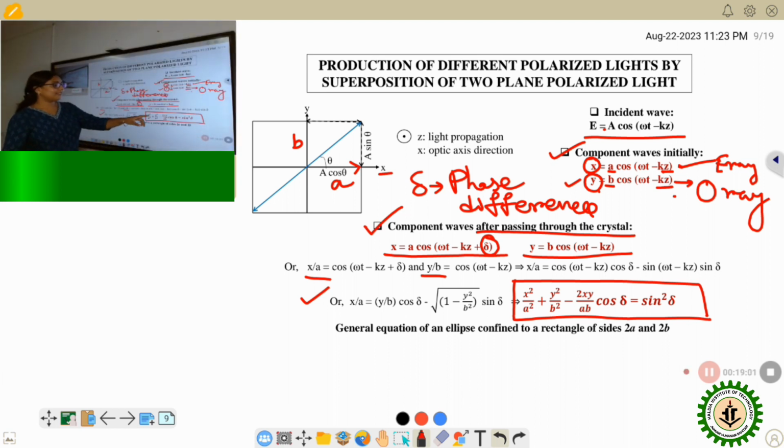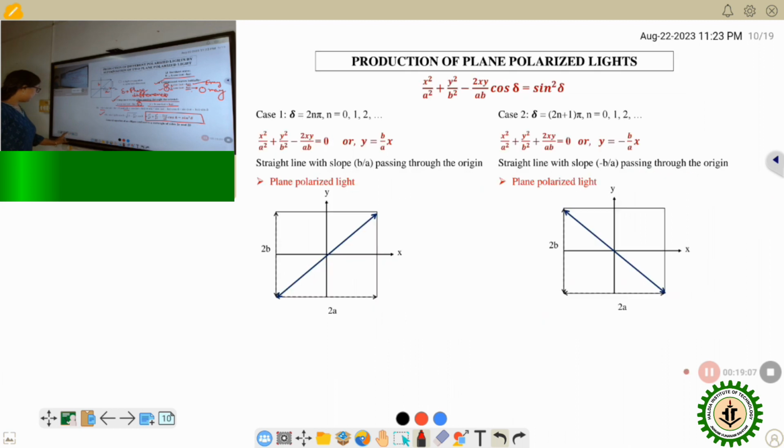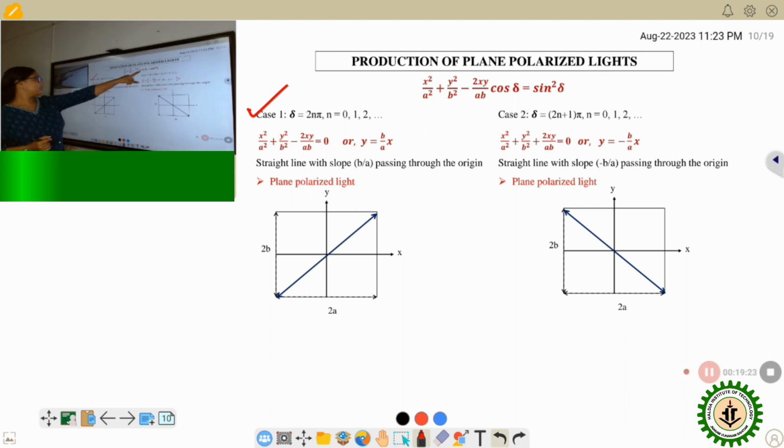Now you can see that the equation will vary as delta is changed. So let us see what happens for different delta values. Case 1: delta is 2n pi, where n is any integer, 0, 1, 2, 3, etc. If delta is 2n pi, we have cos delta equal to 1 and sin delta equal to 0.